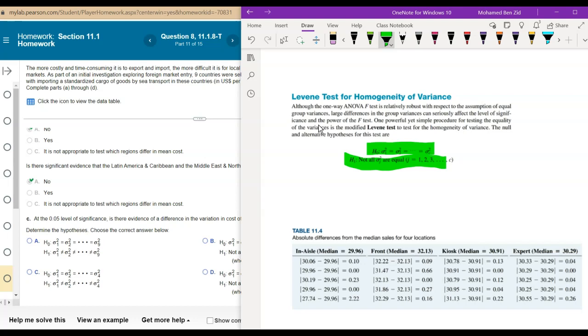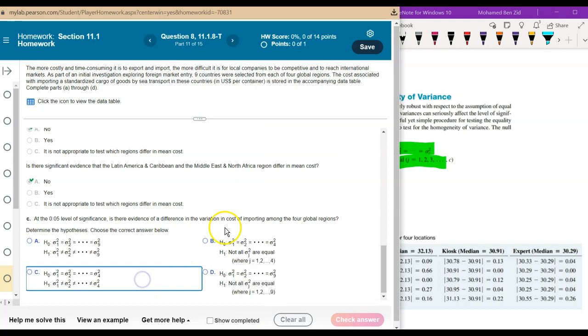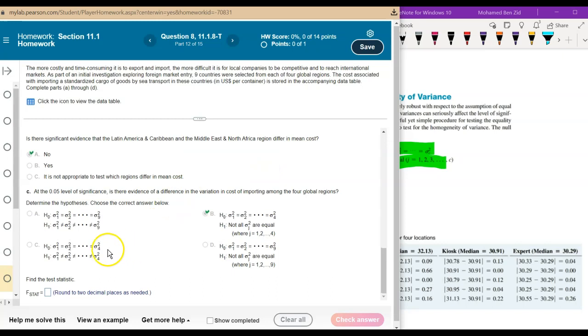So this is always the same. This is going to be 9, this is going to be B. Now they are asking you to run the test and figure out the value.